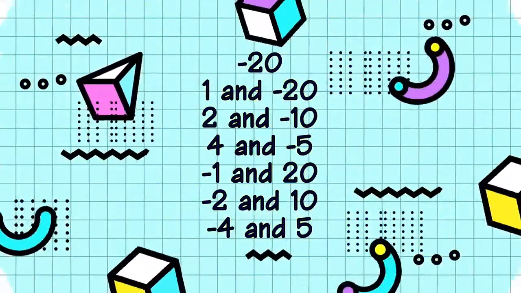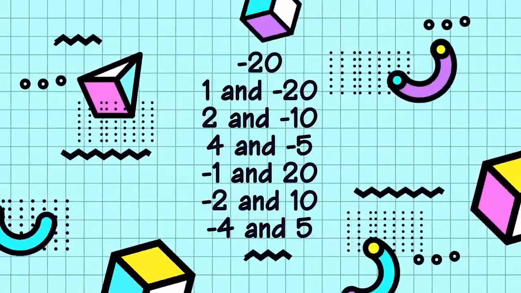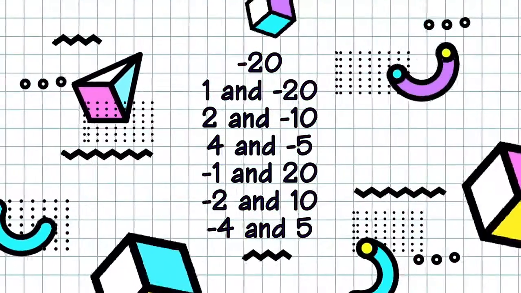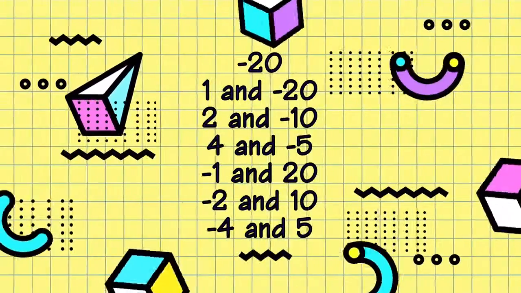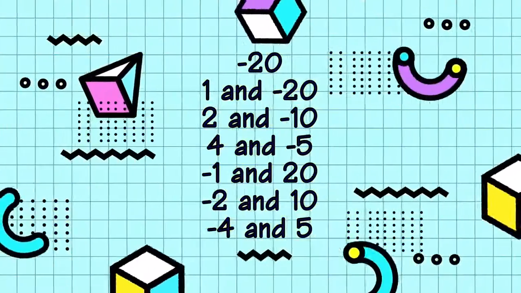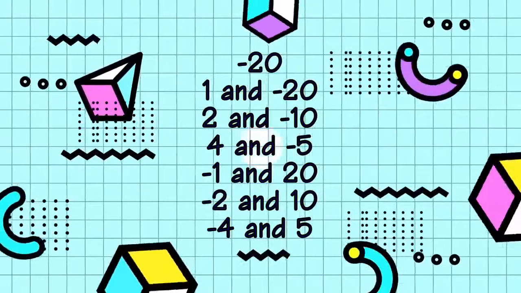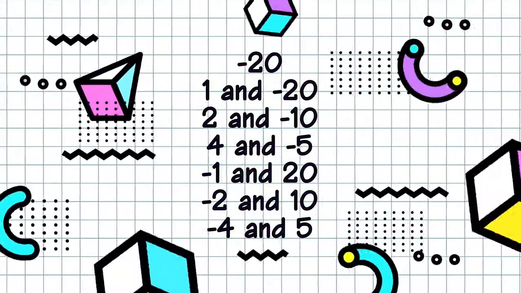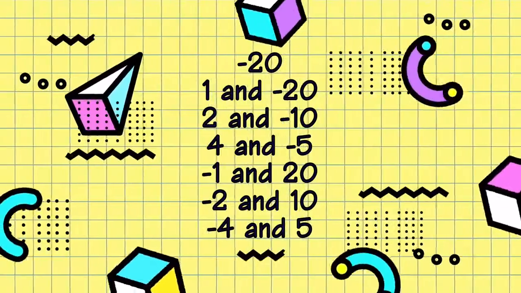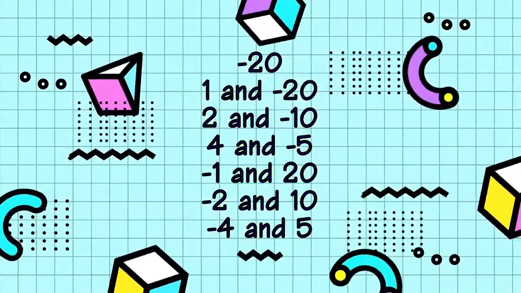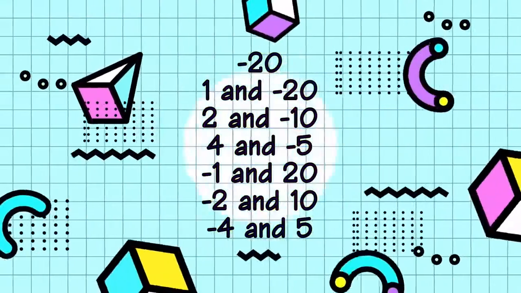The factors of negative 20 are 1 and negative 20, 2 and negative 10, 4 and negative 5, negative 1 and 20, negative 2 and 10, and negative 4 and 5. If we are going to multiply these pairs of numbers, this will give us the result of negative 20.